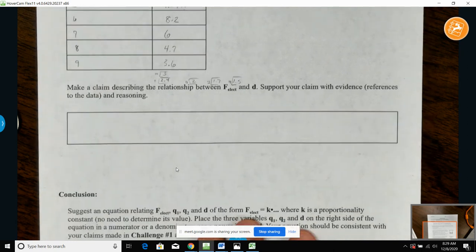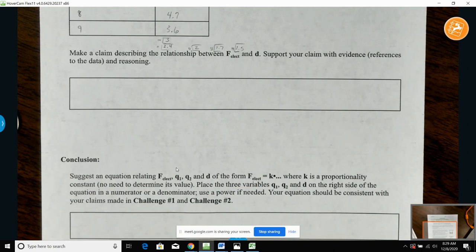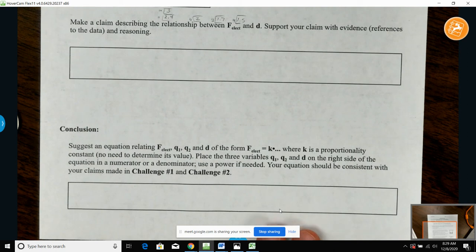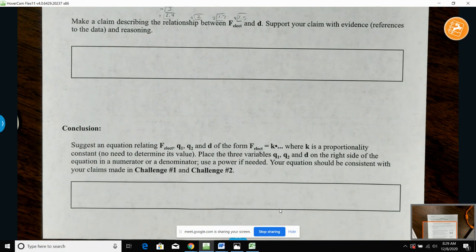All right. So after you guys have made a claim here, we're going to try and suggest an equation that relates the force, the two charges, and the distance, in the form of: the electric force is equal to K times, and K is a proportionality constant.